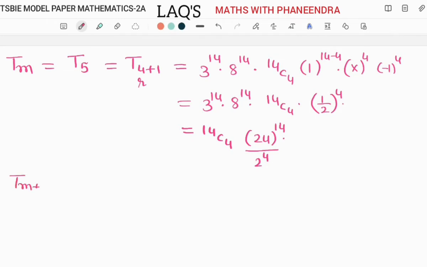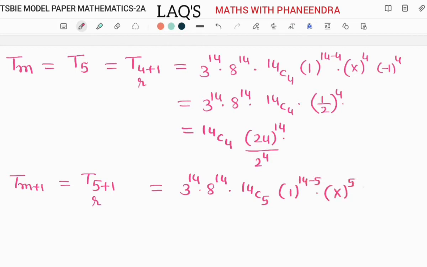Next tm plus 1, second case. Tm plus 1, that is equal to t5 plus 1. So r is equal to 5 in this case. So 3 power 14 into 8 power 14 is common. Here r is equal to 5, an odd number. 14C5, 1 power 14 minus 5 into capital X whole power 5, minus 1 whole power 5.